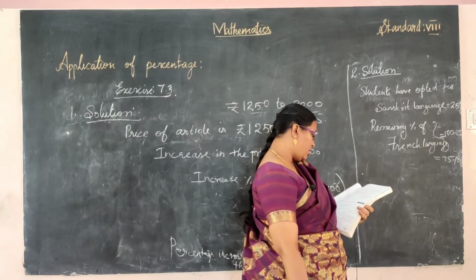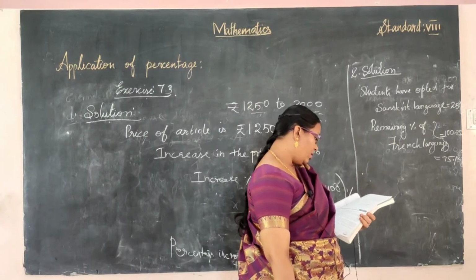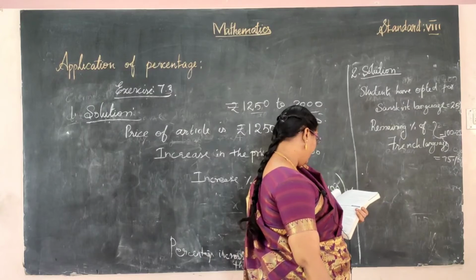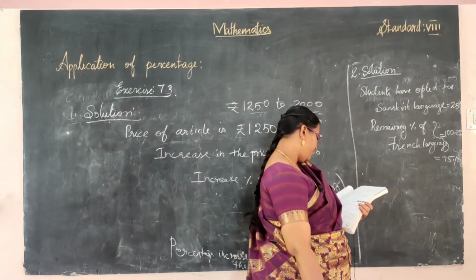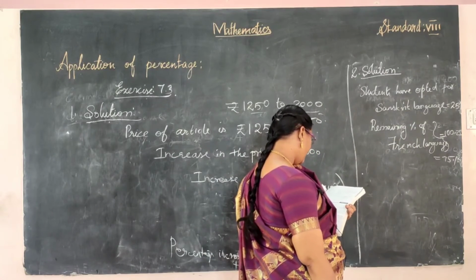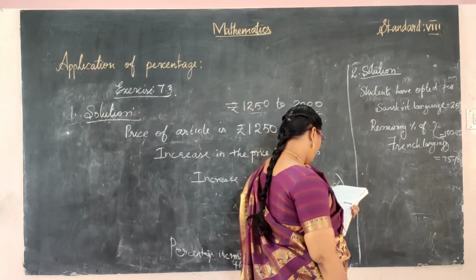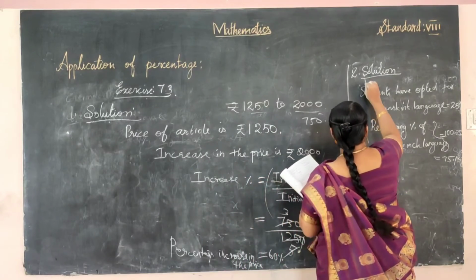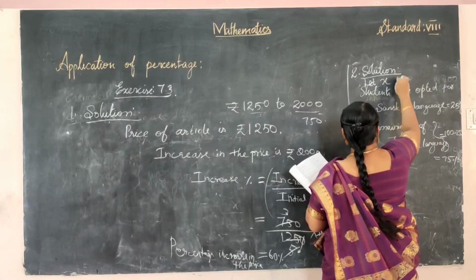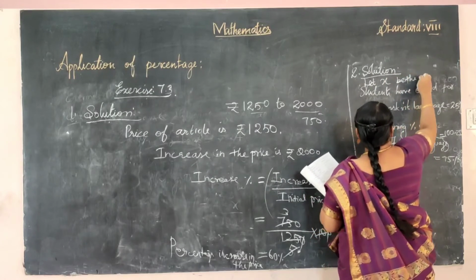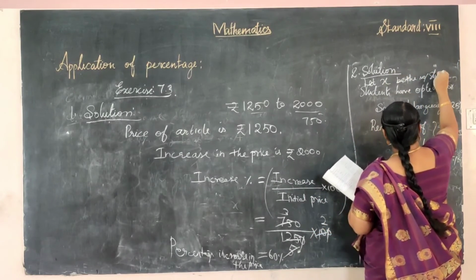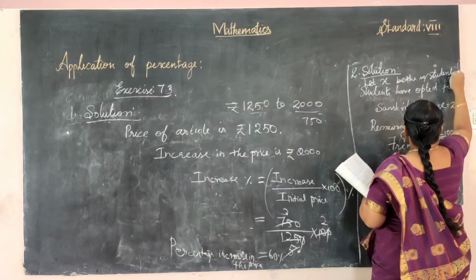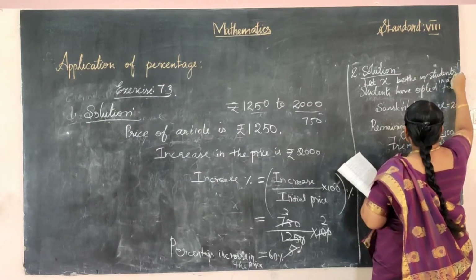Find the total number of students in the class. Also find the number of students who have opted for the Sanskrit. So first we have to find the total number. Let x be the number of students in a class.